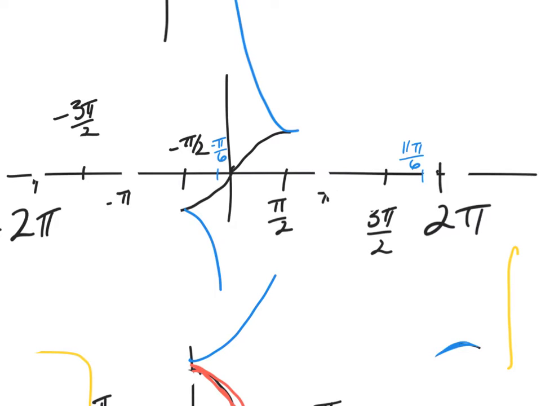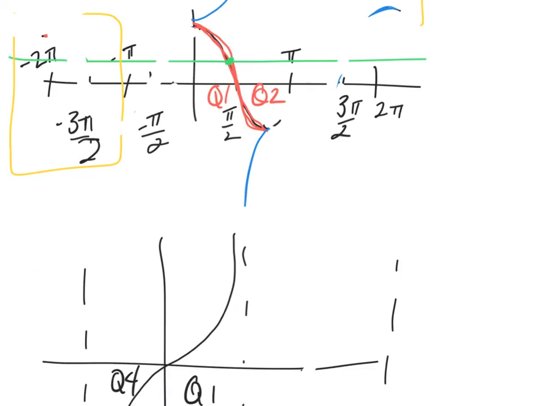So this is the connection to coterminal. Why did we learn coterminal? This is one of the reasons. The coterminal angle to 11 pi over 6 in the correct quadrant with the correct sign is negative pi over 6. 11 pi over 6 is not in the interval, but the coterminal angle is negative pi over 6, and that's the one we get to use. So it is important to know where you're standing and what you get to have.